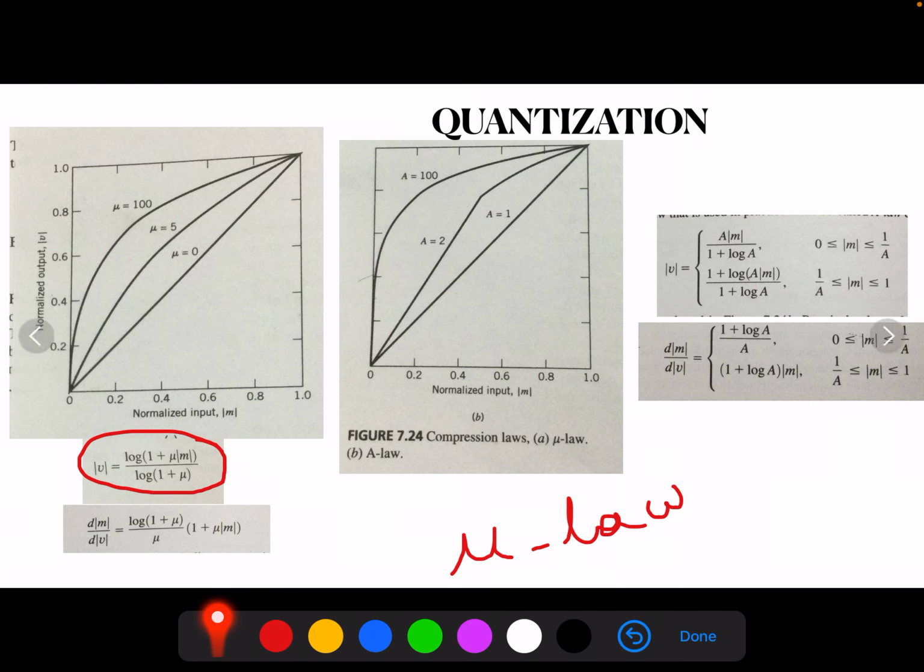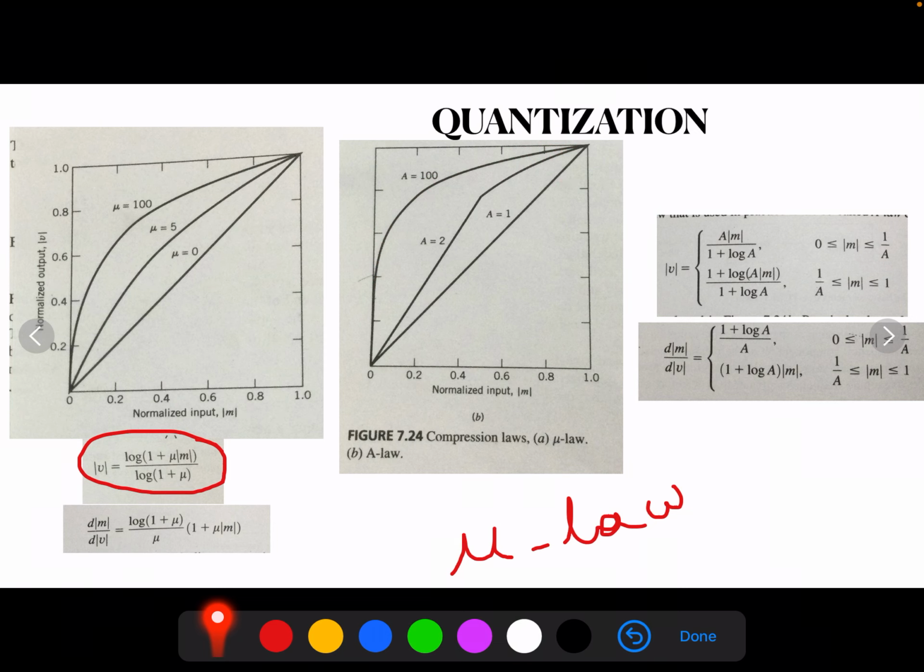The practical plot is shown in this figure. This is the A law. Practical values of A tend to be in the vicinity of 100. The case of uniform quantization corresponds to A equal to 1.